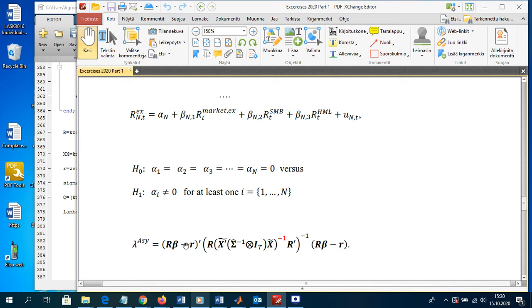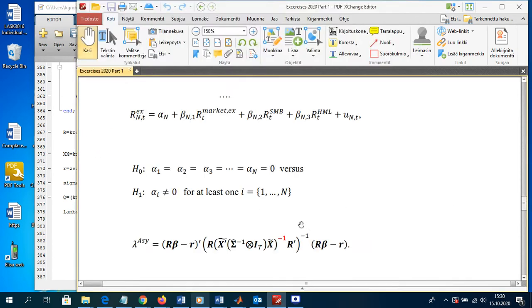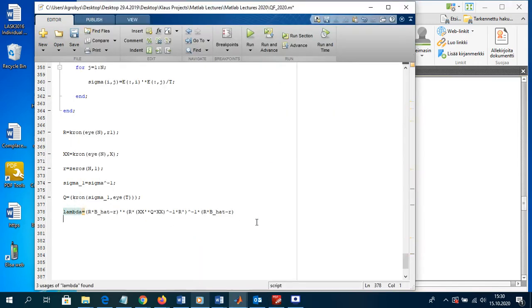This test statistic is asymptotically distributed as a chi-square distribution with 25 degrees of freedom, or in more general terms, with n degrees of freedom. We have 25 restrictions here, 25 parameters that are restricted, and that's why under the null hypothesis, this test statistic is distributed as chi-square with 25 degrees of freedom.